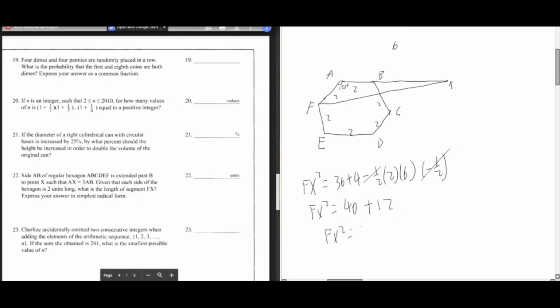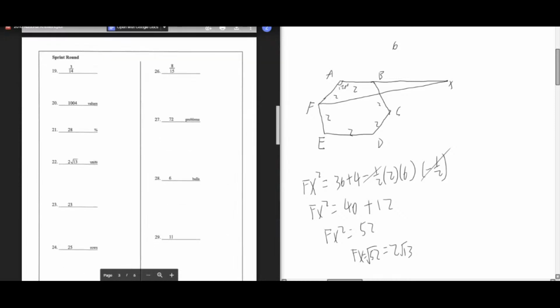FX squared equals 52. FX should be the square root of 52, and 52 is 4 times 13, so 2 square root of 13. So our answer should be 2 square root of 13. And yep, that's our answer.